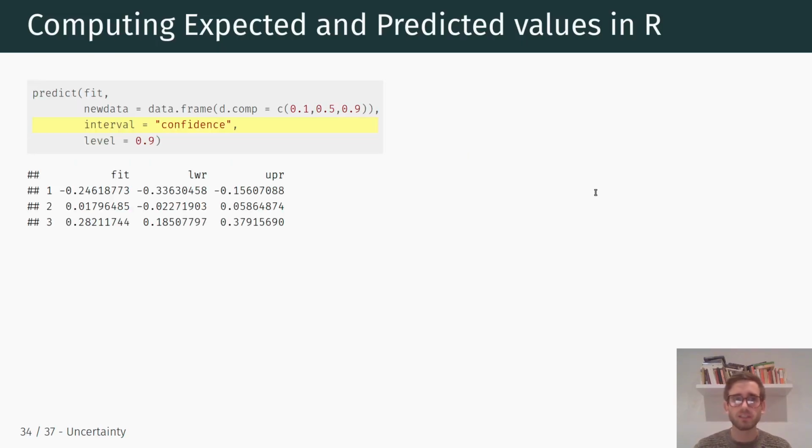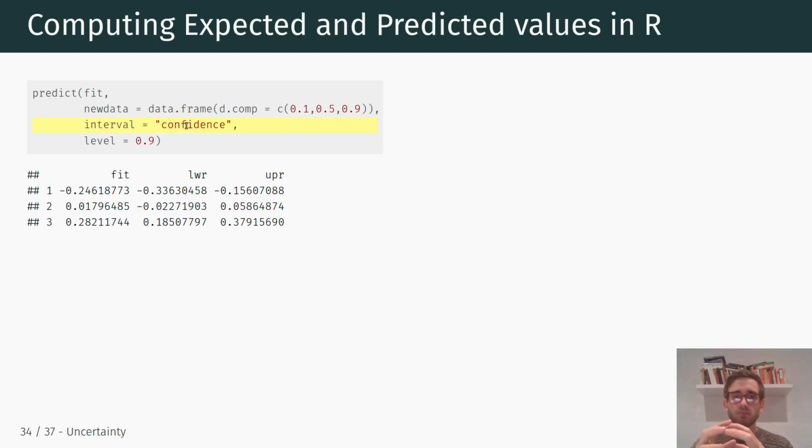The way we do this is we include an additional argument in the predict function where we tell R that we want to include an interval, either a confidence interval.